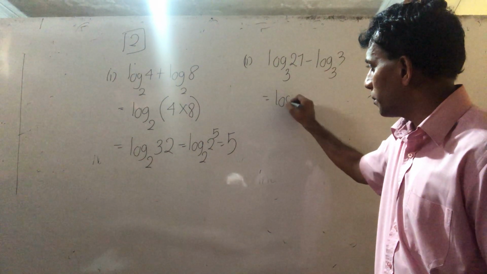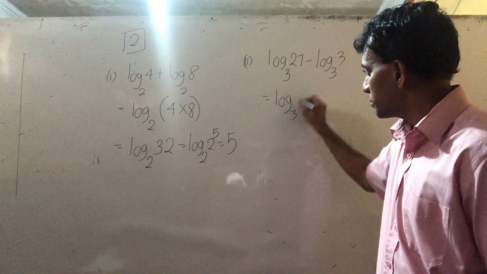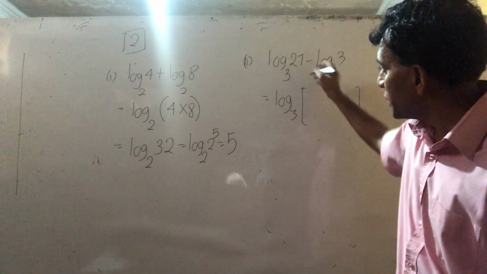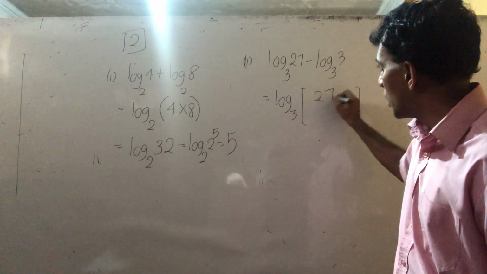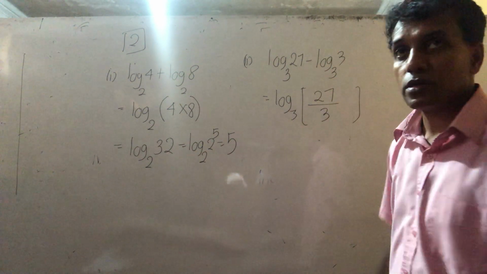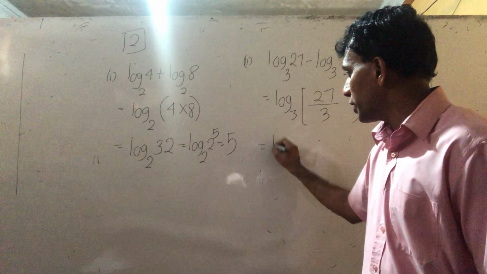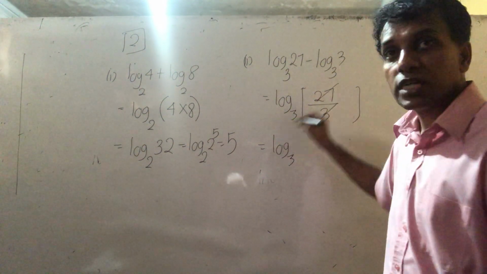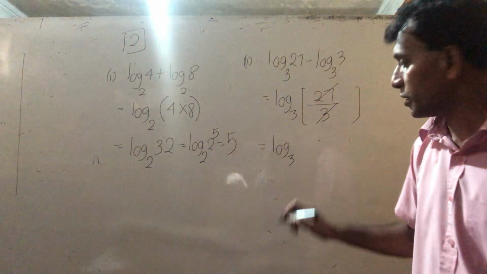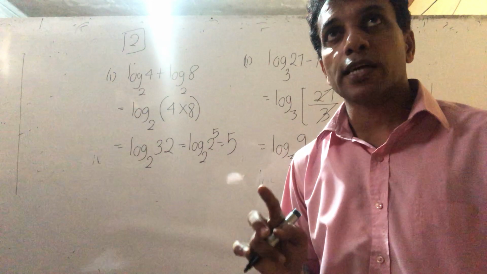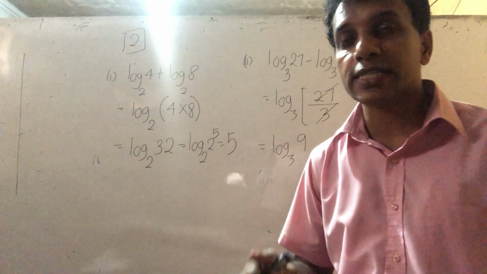So logarithm base 3, here 27, minus means divide 3. So what is that? Logarithm base 3, 27 divided by 3 is 9. So there's a value. What is the answer? Logarithm 9 to the base 3.